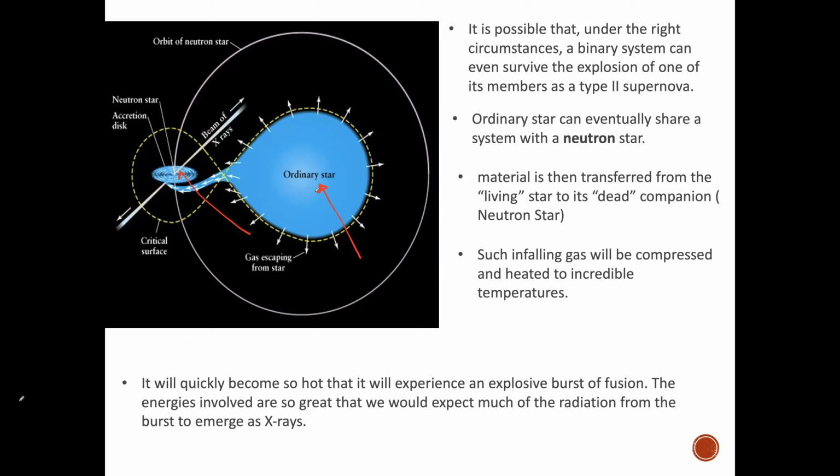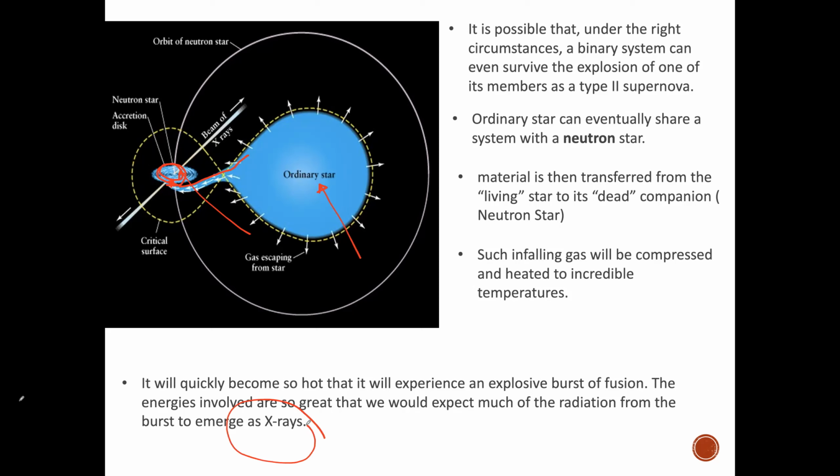Gas escaping from this star goes into the neutron star and rotates around it. There is infalling matter, and this will be compressed and heated to very large temperatures. When something is heated, it emits X-rays.